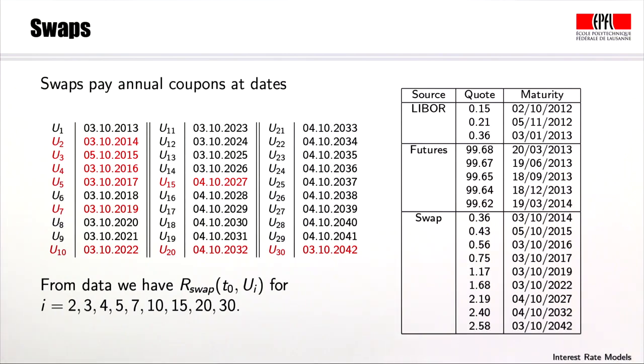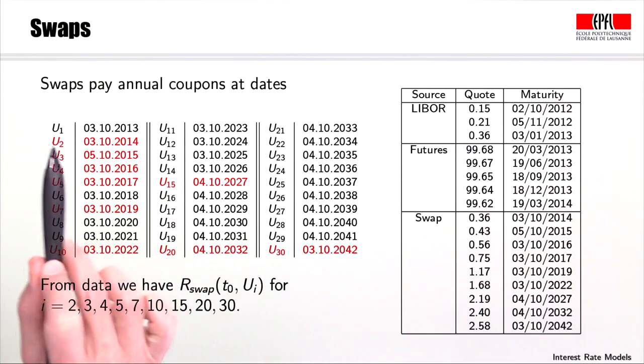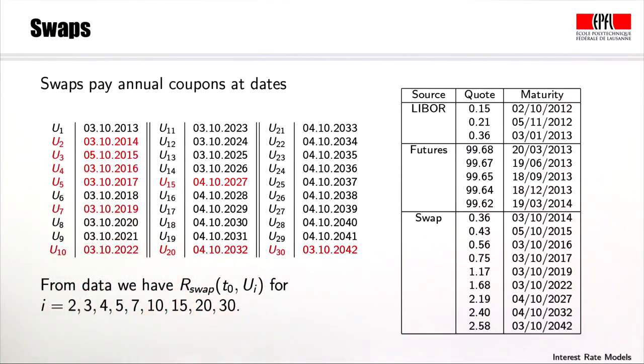For these 9 dates, we are given swap rates. What we will do next is use linear interpolation to get swap rates for the black dates U6, U8, U9, and so on and so forth. We will get the swap rate for U1 as shown on the following page.